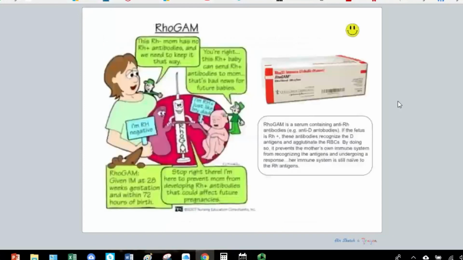Now they do have ways to prevent it, and the name of the drug that they give is RhoGAM, and I think they just give this during some phase during pregnancy just to prevent this whole thing from happening. But basically, this is what happens.